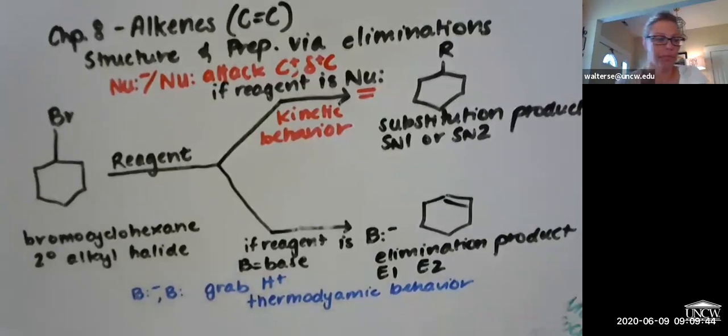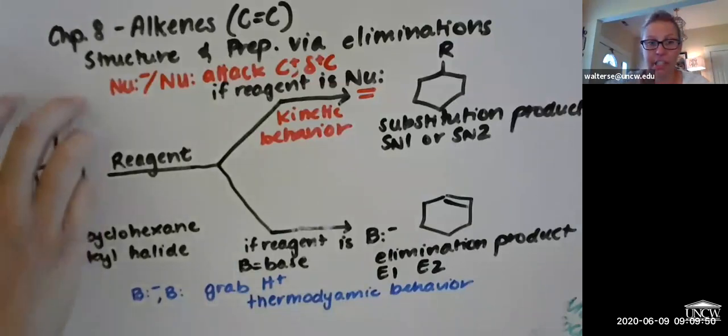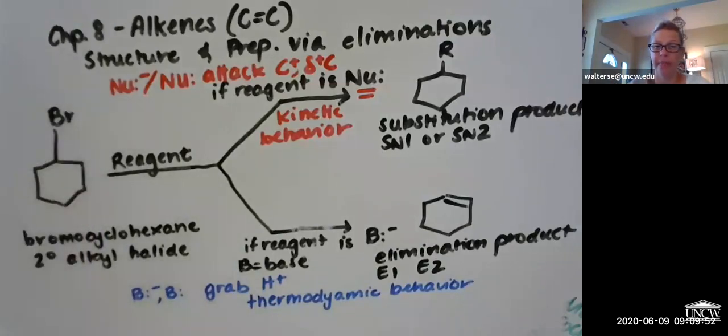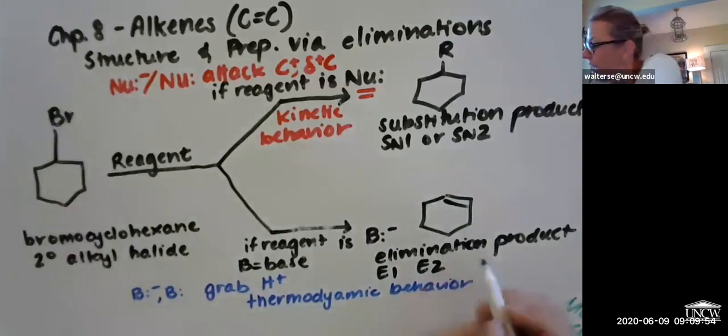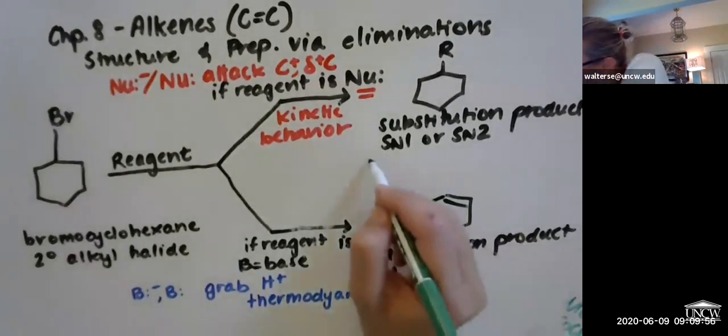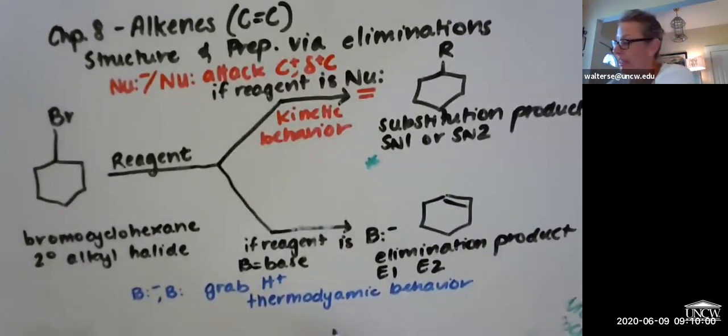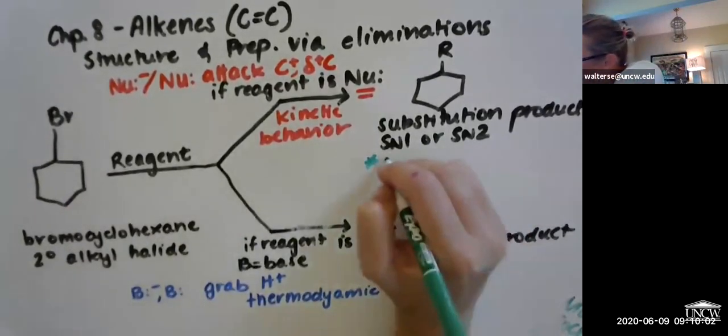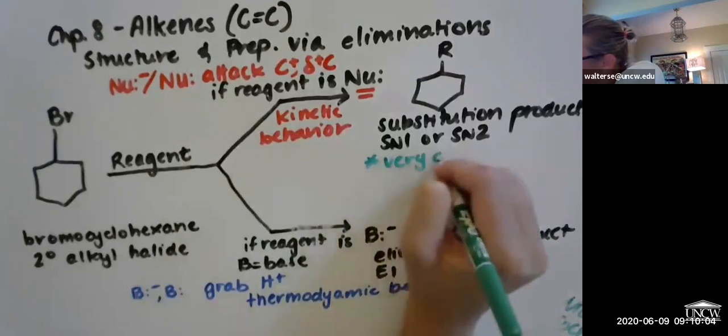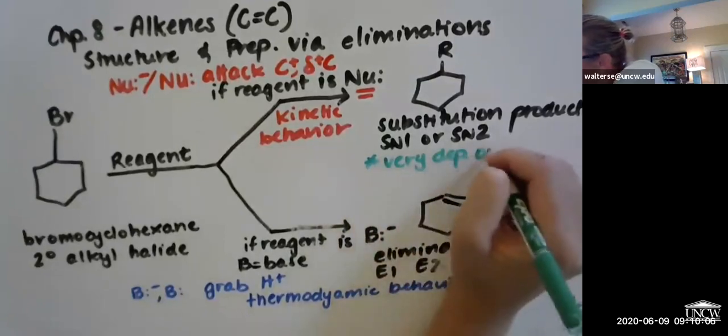Okay. Now, one other thing I want to put on here, and then I'm going to erase and just deal a little bit with this substrate, is that I want you to right away remind yourself that substitution reactions are very dependent on the solvent.